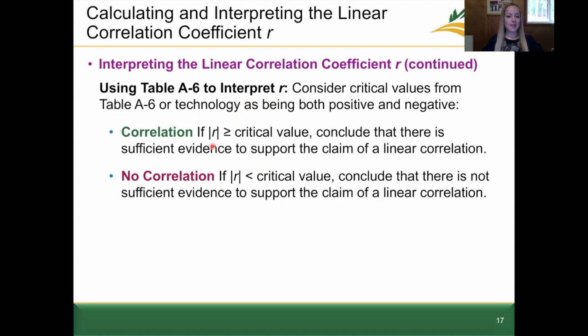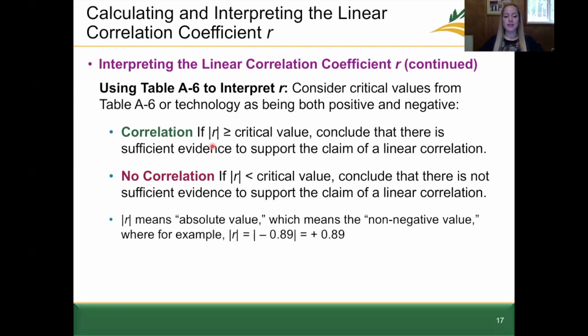If you have not seen the meaning of absolute value in a little bit, remember that if we see these bars, these lines around R, this means that we're taking the absolute value of R. Recall that absolute value means the non-negative value.